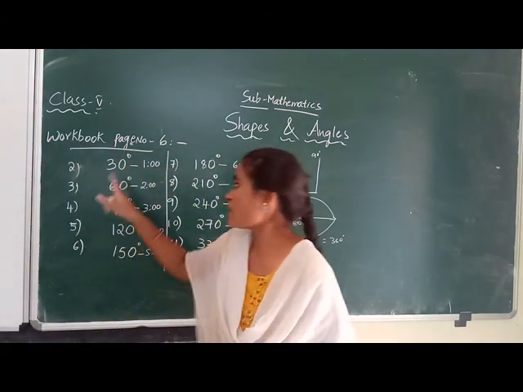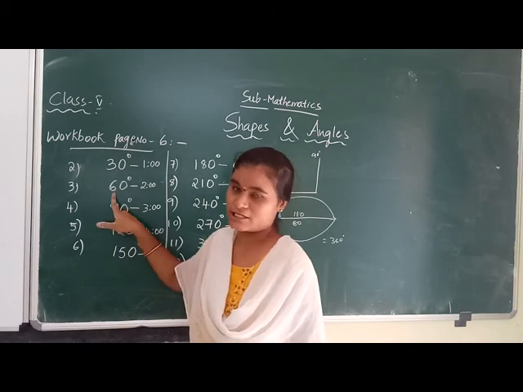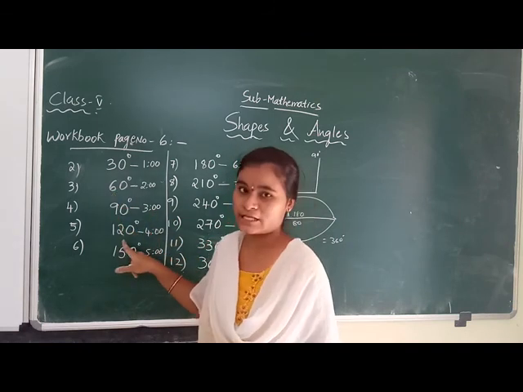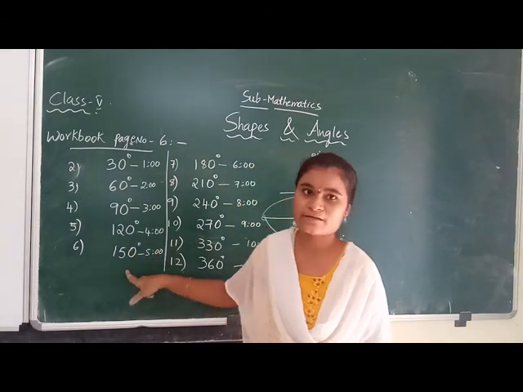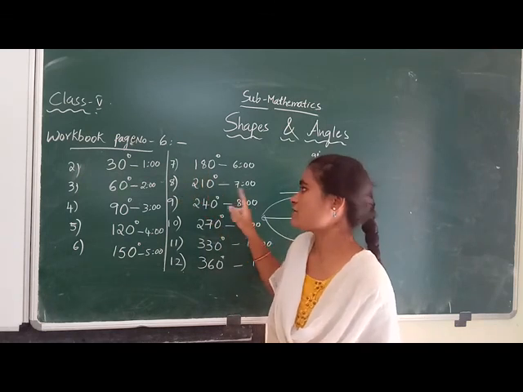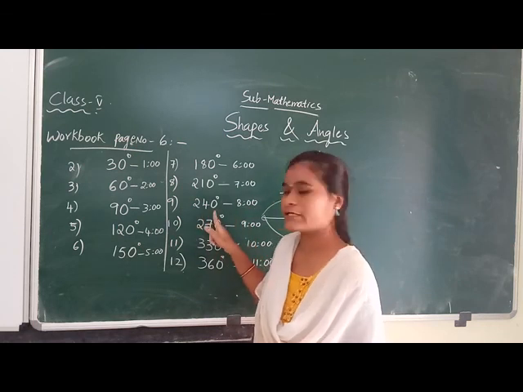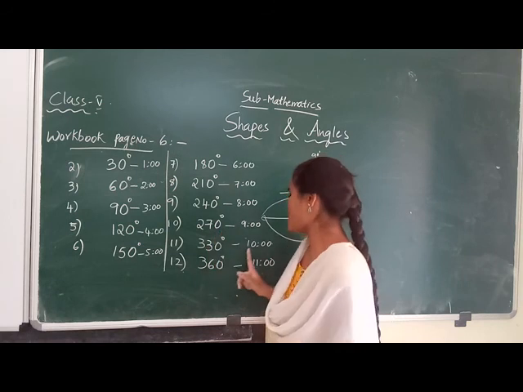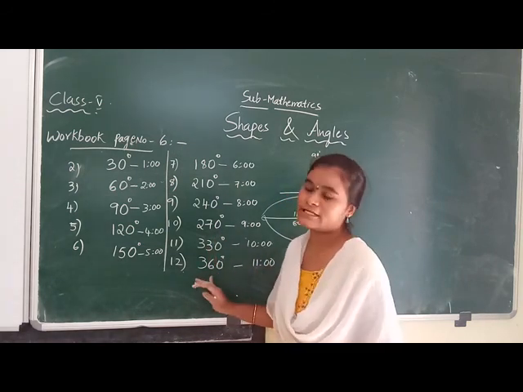Next, 1 o'clock is 30 degree, 2 o'clock is 60 degree, 3 o'clock is 90 degree, 4 o'clock is 120 degree, 5 o'clock is 150 degree, 6 o'clock is 180 degree, 7 o'clock is 210 degree, 8 o'clock is 240 degree, 9 o'clock is 270 degree, 10 o'clock is 300 degree, and 11 o'clock is 330 degree, and 12 o'clock is 360 degree.